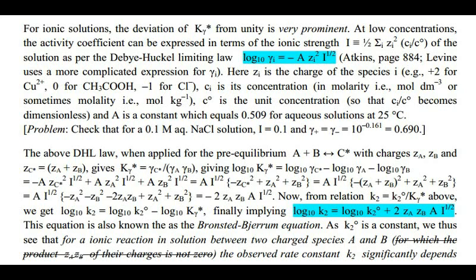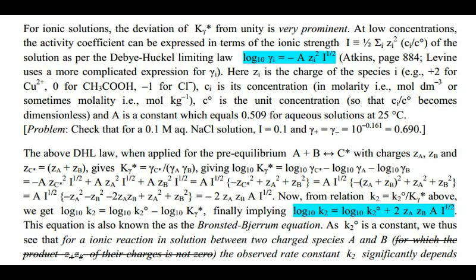Then Levine gives one, I told you. So, all these things you know. C naught is the unit concentration, as we have learned, and Ci is the concentration in molarity, or sometimes in molality, mole per dm cube or mole per kg, and Zi is the charge of +1, -1, +2, -2, that sort of thing.